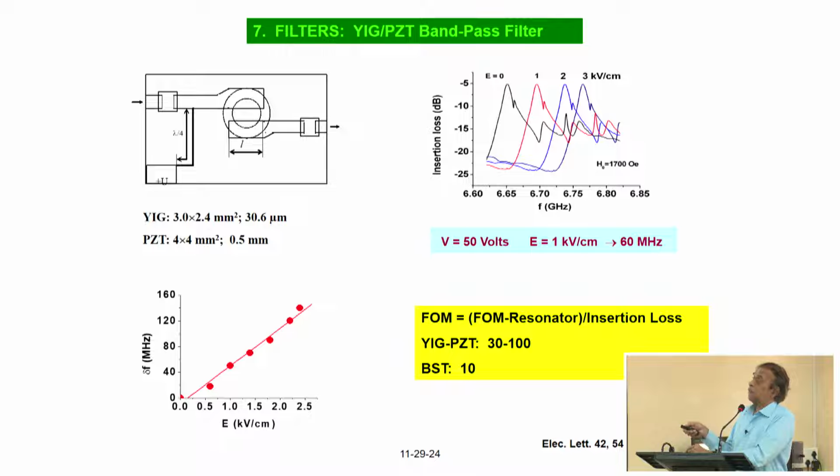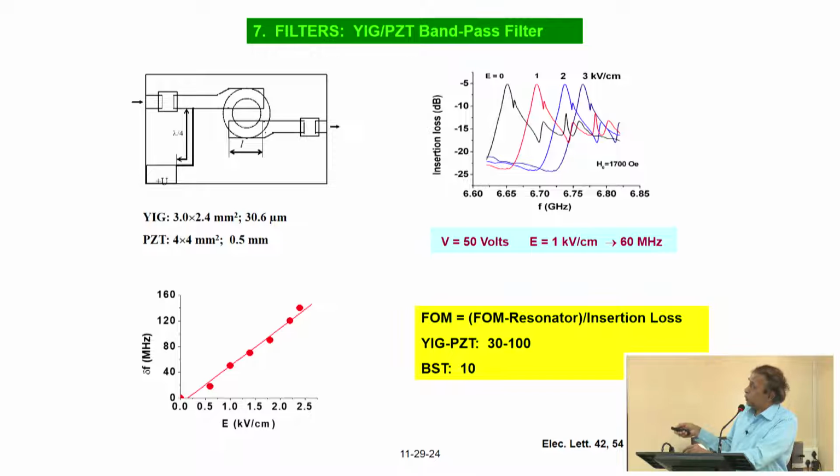Under that condition, the magnetic film will absorb microwave power, and it will ultimately transmit that power to the output. So, it is like a filter. It allows only a certain range of microwave power with particular frequency to pass through. So, it is a band pass filter, and that is shown here in this profile.